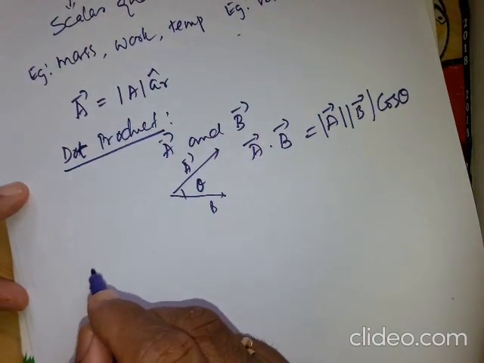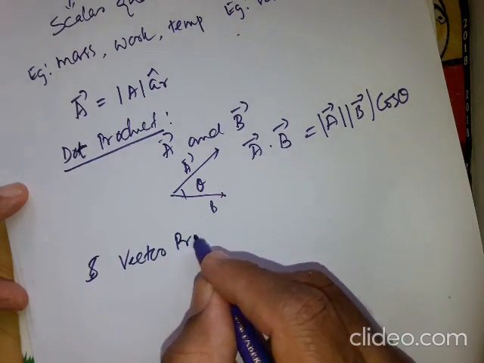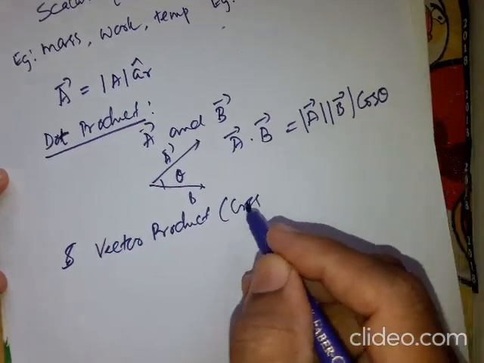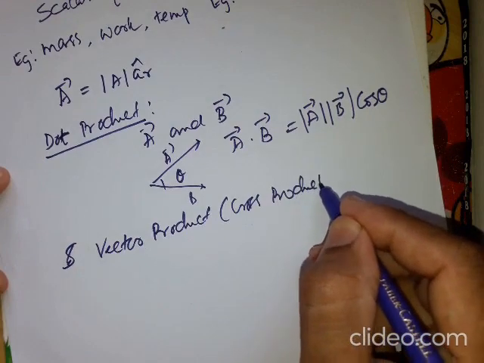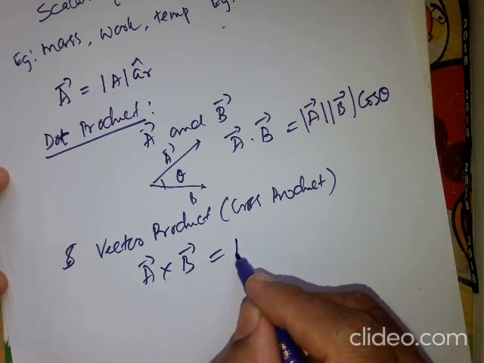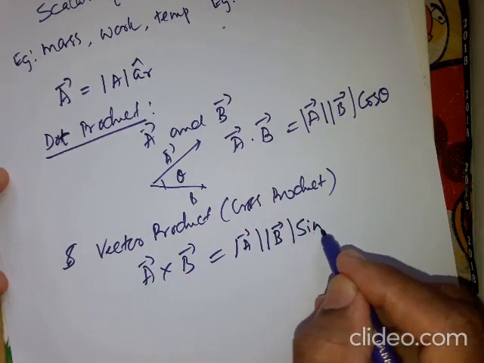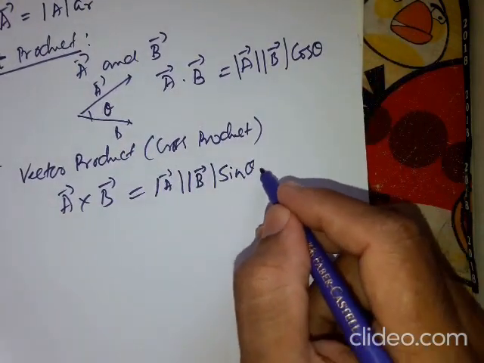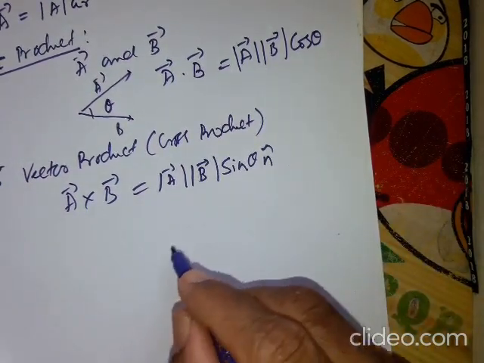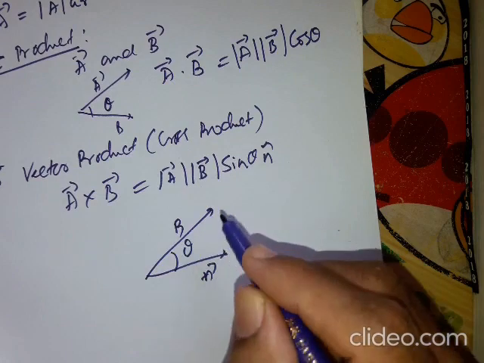Similarly, there is one more type called the vector product, also known as the cross product. So vector A cross vector B is equal to modulus of vector A into modulus of vector B into sine theta into a vector n cap. Here, this is vector A and this is vector B, and this is the angle between them.